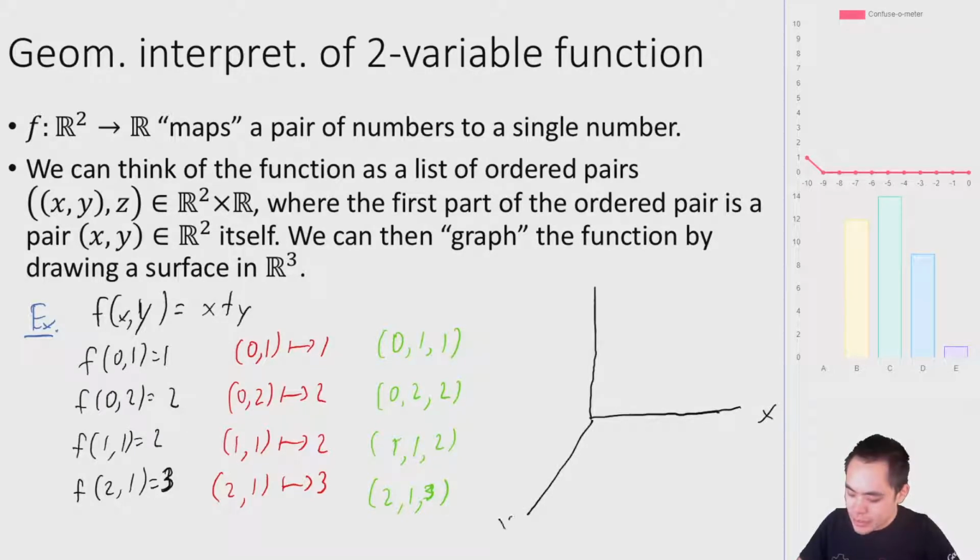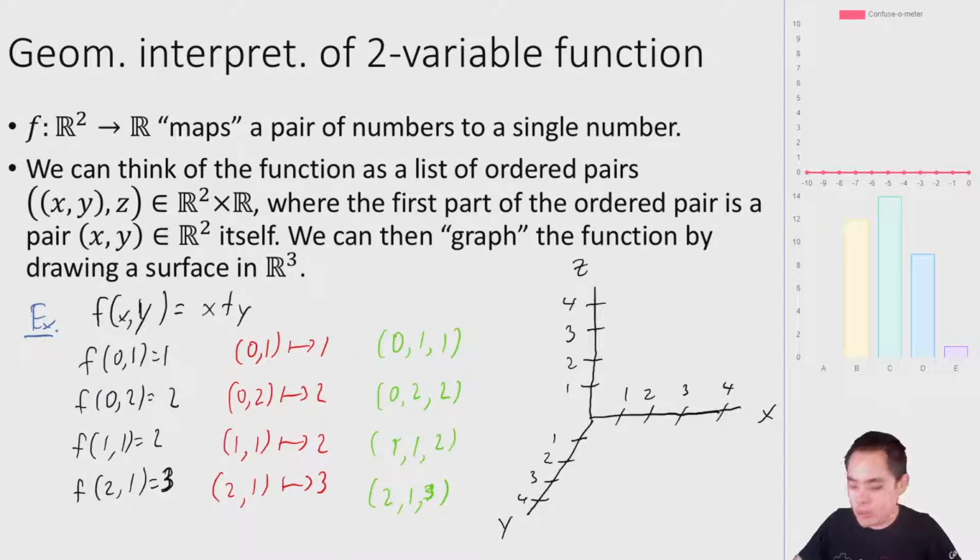Let's have this be our x-axis, that be our y-axis, and this be our z-axis. So let's say this is 1, 2, 3, 4, 1, 2, 3, 4, and this is 1, 2, 3, 4.